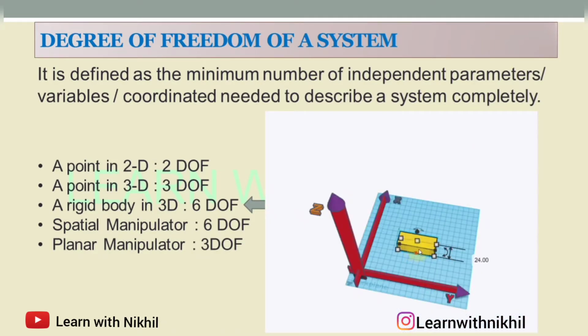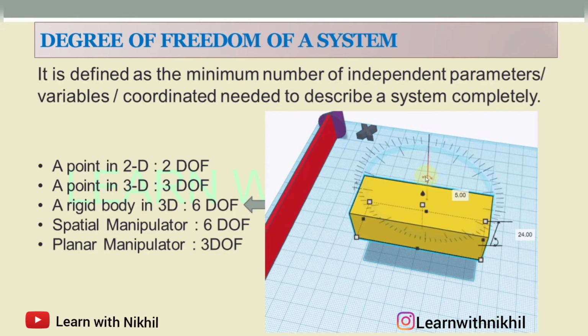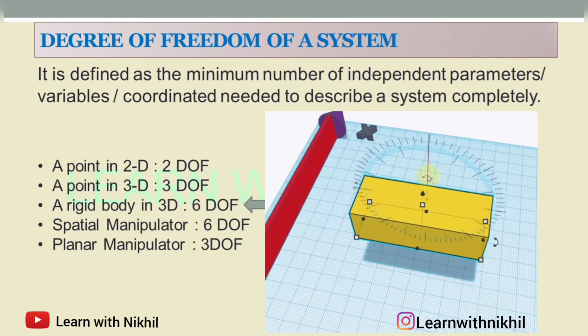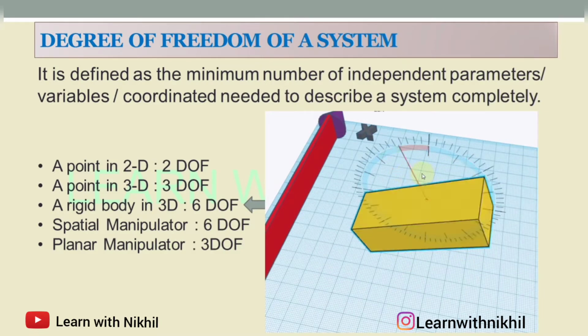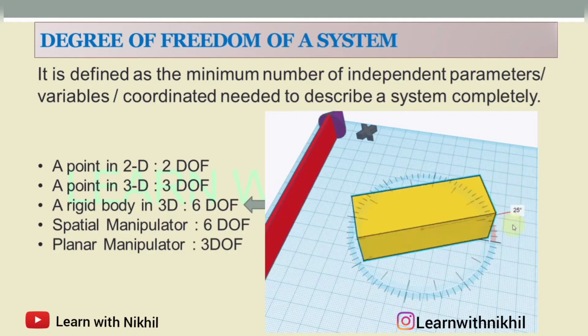I'll explain again. It has 3 positions. This is position 1, this is position 2, this is position 3. So 3 positions and 3 rotations or orientations. It moves in this plane both ways, which is considered as one orientation or rotation.